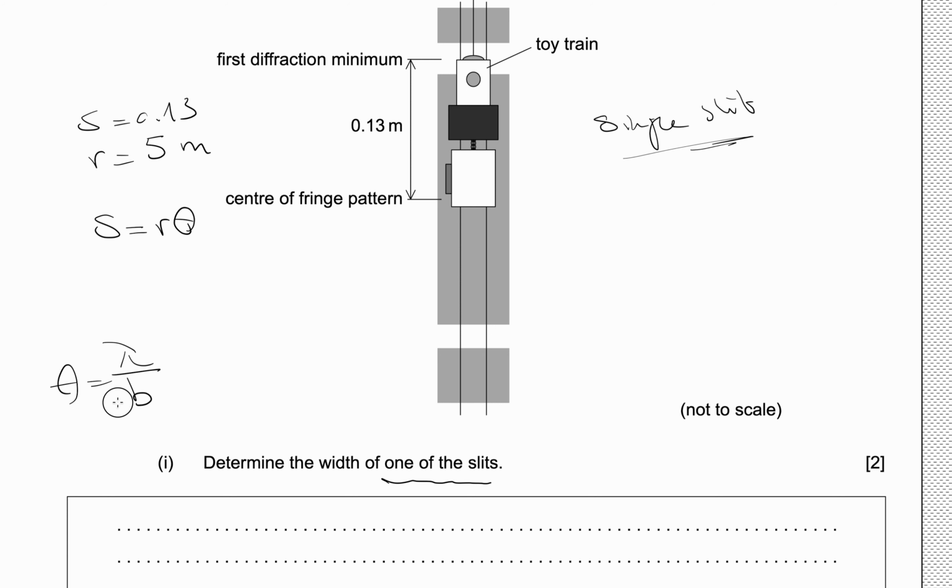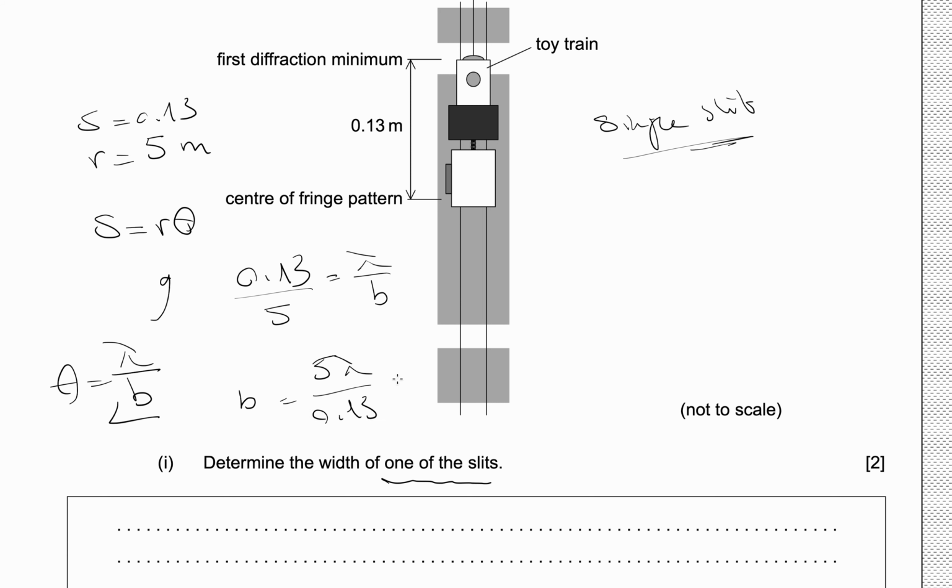You can substitute that in here and you should be able to find b. So 0.13 divided by 5 is equal to λ/b. So b = 5λ/0.13.